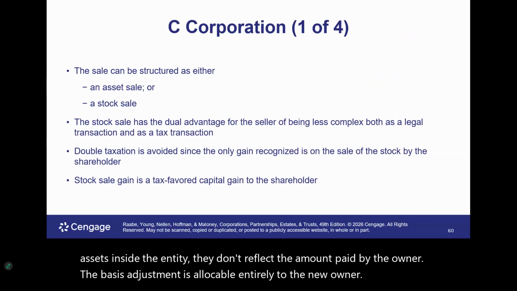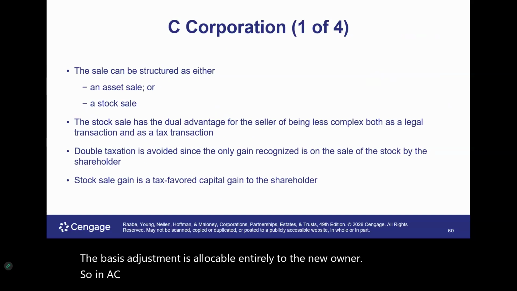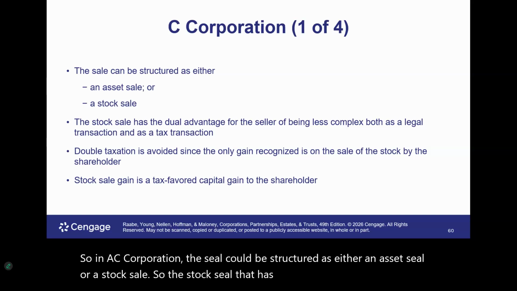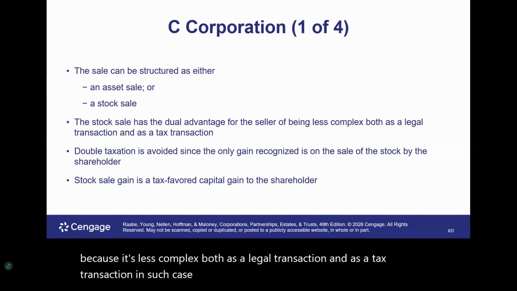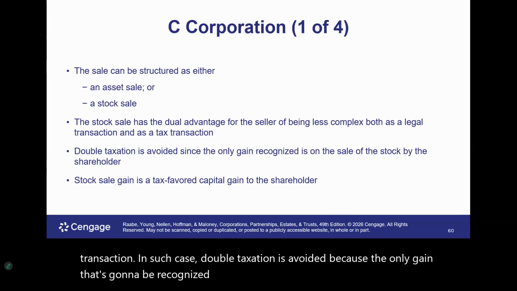So in a C corporation, the sale can be structured as either an asset sale or a stock sale. The stock sale has a dual advantage for the seller because it's less complex, both as a legal transaction and as a tax transaction. In such a case, double taxation is avoided because the only gain that's going to be recognized is on the sale of the stock by the shareholder.